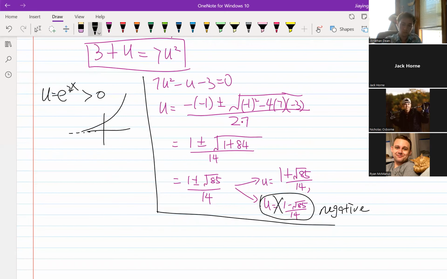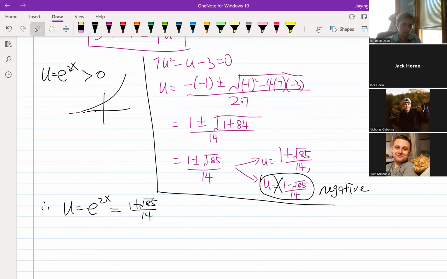Therefore, e to the 2x is equal to 1 plus square root of 85 over 14. How do we get x from here? Suppose we still don't have a calculator. We're just going to take the natural log of both sides. So we get the natural log of e to the 2x equals the natural log of this complicated expression.